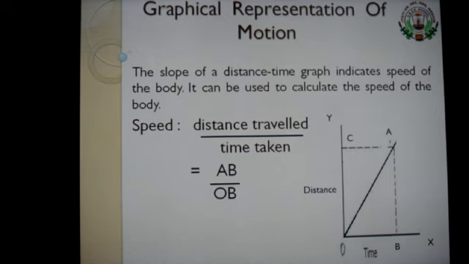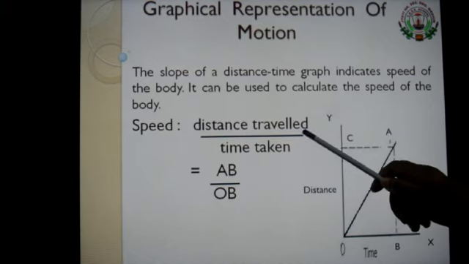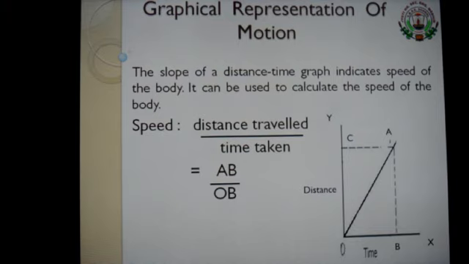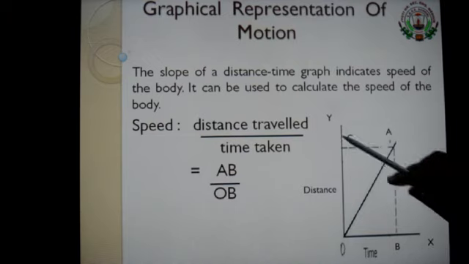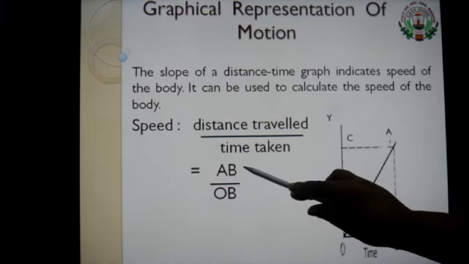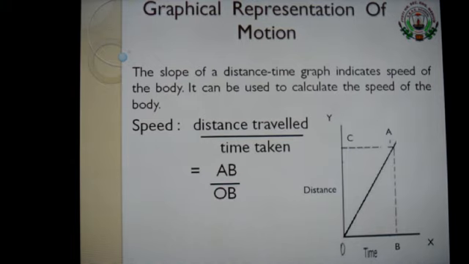We know that speed is equal to distance travelled upon time taken. Now, the distance travelled is OC, which is equal to AB, and the time taken is OB. So, putting distance equal to AB and time equal to OB in this equation, we get speed equal to AB upon OB.